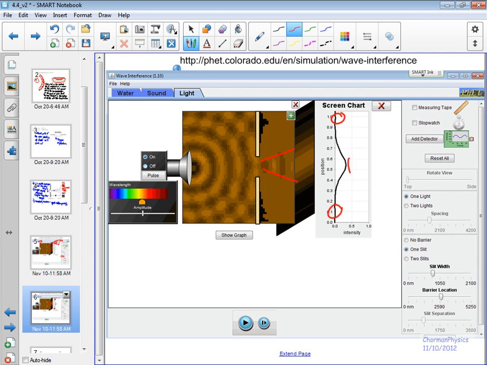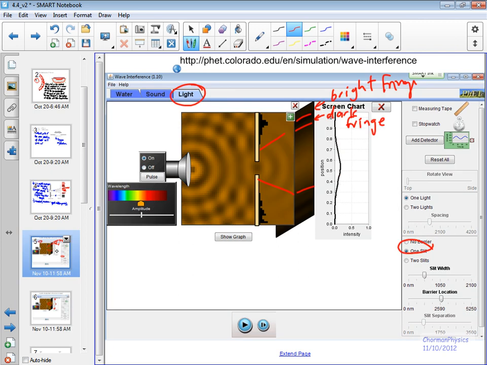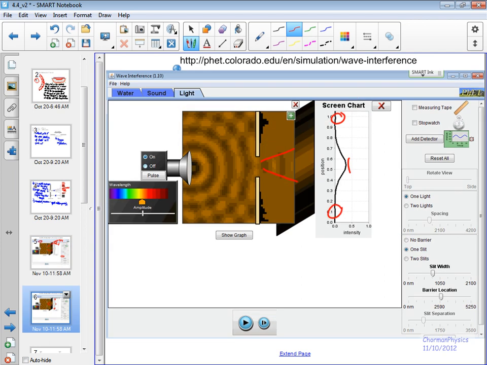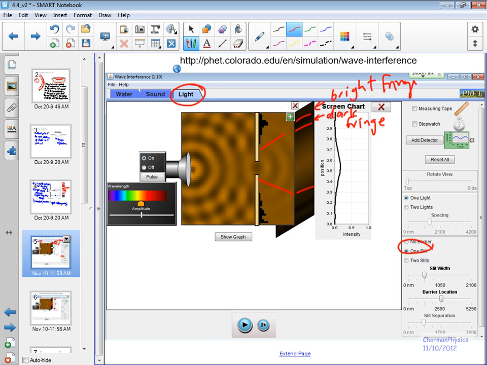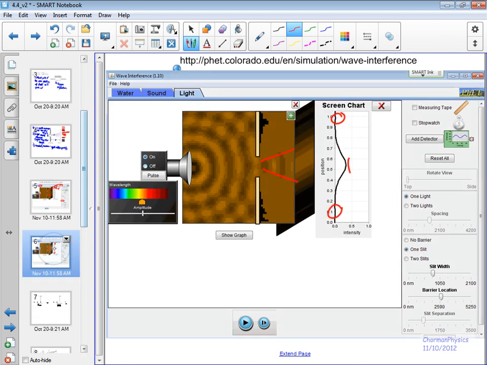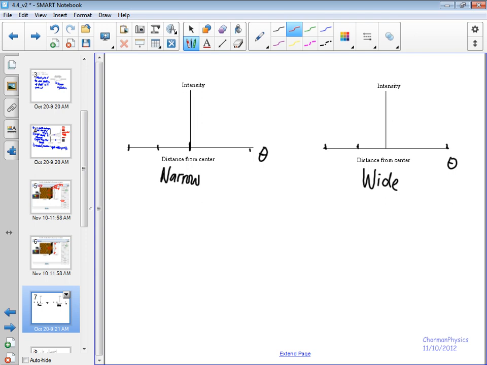You'll notice the height of this first maximum is higher than the other one, and that this first maximum is a bit wider in the narrow slit versus the wider slit. You can actually see that in the way that I've drawn it too, with how it is spread out there. So there are some important characteristics here that I'd like you to note.